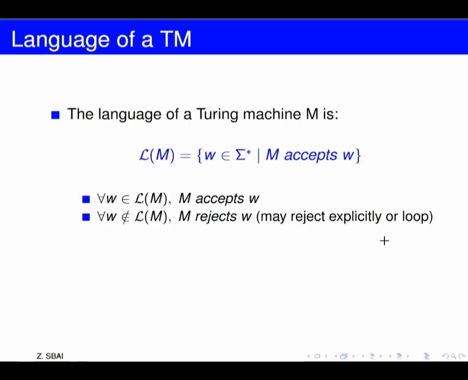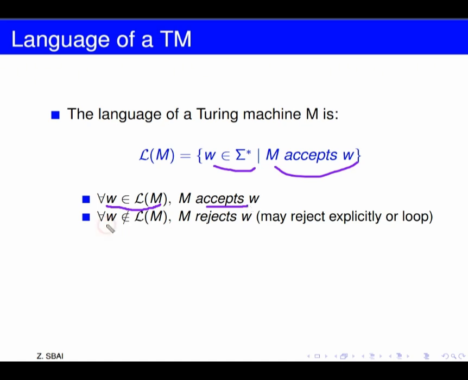Now in general, the language of a Turing machine is the set of all the strings W in sigma star such that the machine accepts W. So for all strings W that are members of the language, the machine M will accept these strings. When simulated on each of these strings, the machine will reach an accept state.